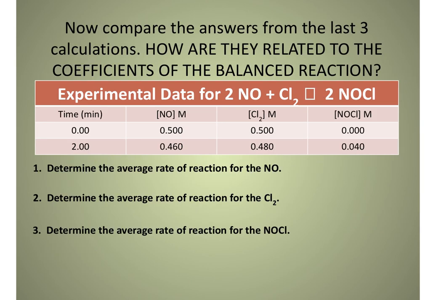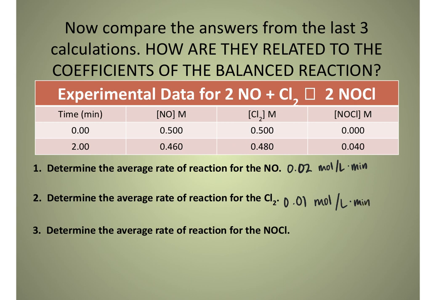If we think back to our previous slides when we were determining the average rate for NO, which was our first reactant, the answer we got was 0.02 moles per liter per minute. When we were looking at the chlorine gas, it was 0.01 moles per liter per minute.